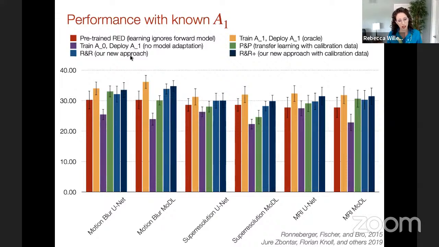And so I think the margin of difference between these approaches that I'm proposing, where we adapt to the new model, versus a method that's just trained for a generic forward model, is going to depend a lot on the amount of similarity between A0 and A1.